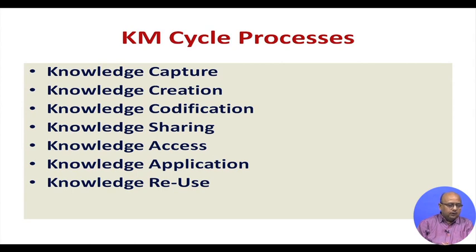Now, the next is knowledge access. What I mean by knowledge access is that this is where you need an IT enabled system or technology and infrastructure, because technology infrastructure or IT enabled systems help you to get the knowledge. Now, you know that most of the knowledge today is available in a digitized form.